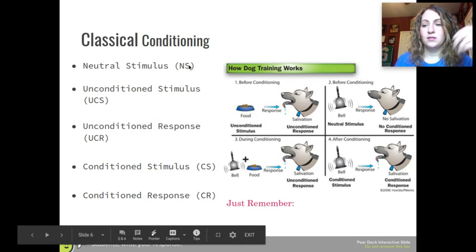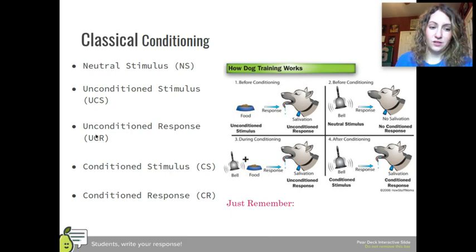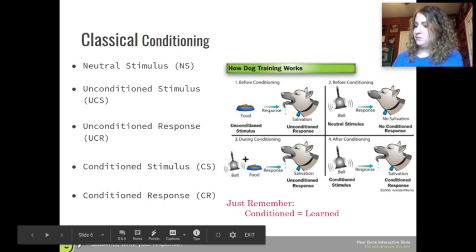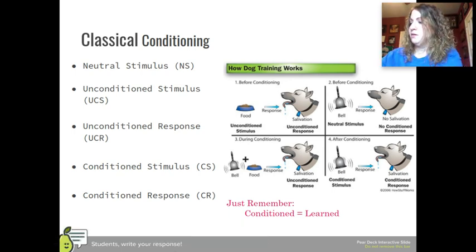So it's NS, UCS, UCR, CS, and CR. It's kind of a mouthful, but if you just remember the word conditioned, you've been conditioned to do something. The word conditioned means learned, like you have learned to do this.